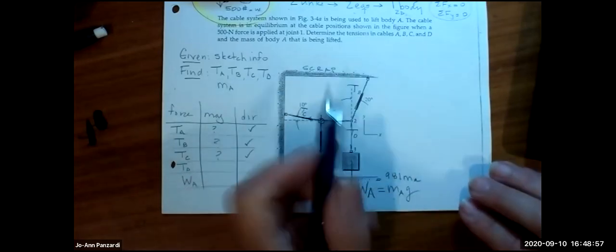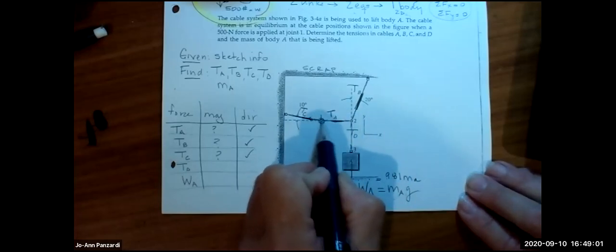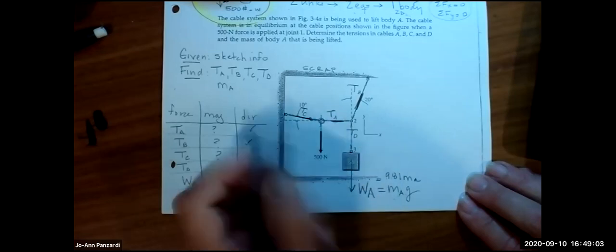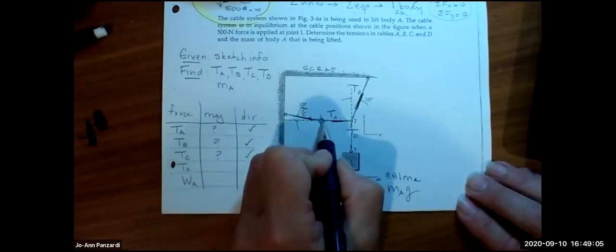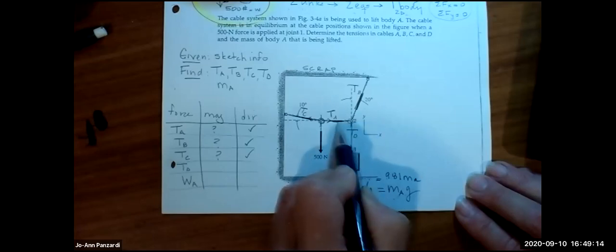How about for TA? Again, if I was analyzing point 1, how would I draw TA? Away from point 1. How about if I was analyzing point 2? Away from point 2.